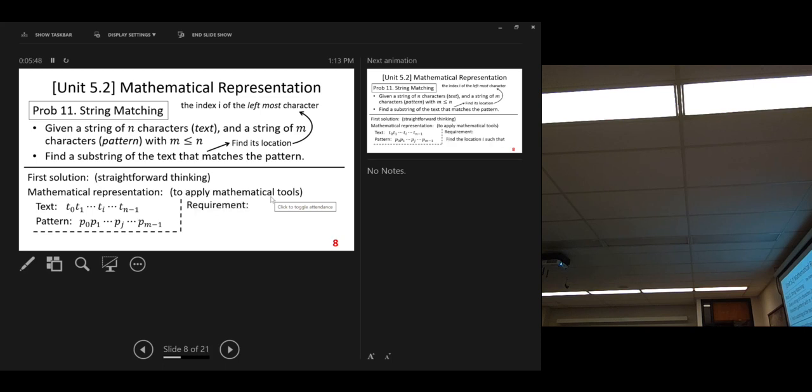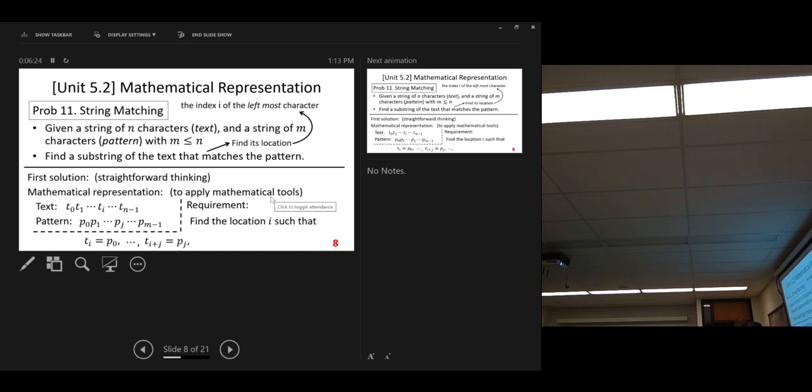Requirement. Now, we translate the requirement from the original problem to math expressions. Find the location i such that T_i equals P_0. i somewhere in the middle, that one matches the first character in the pattern. Then, consecutive character matching comparison.